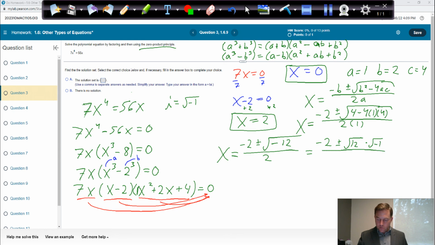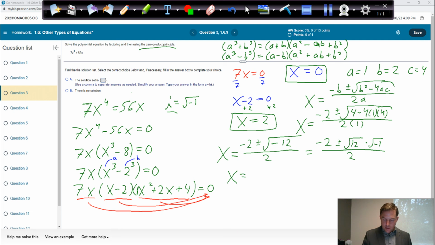You can break up square roots like that, because they're being multiplied, and if I wanted to, I could combine them under one square root and call it the square root of minus 12.